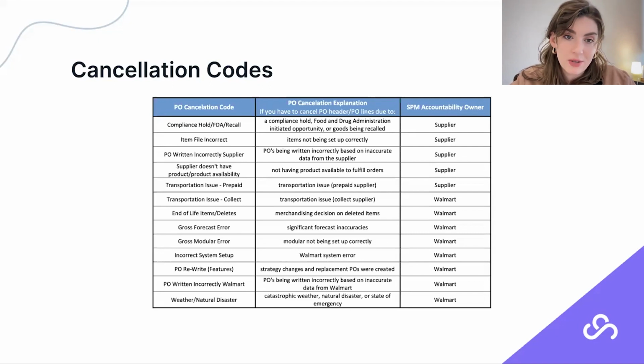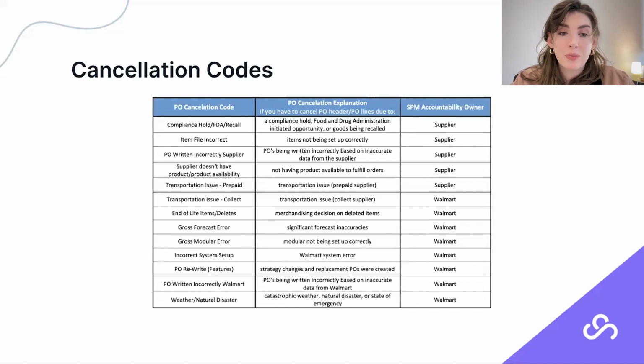The process for cancellation codes is similar to how we talked about PO creation or editing. If you have to cancel a PO, my recommendation would be to let your replenishment team know as soon as possible. It always sucks when you're not able to fulfill an order, especially to a large customer like Walmart.